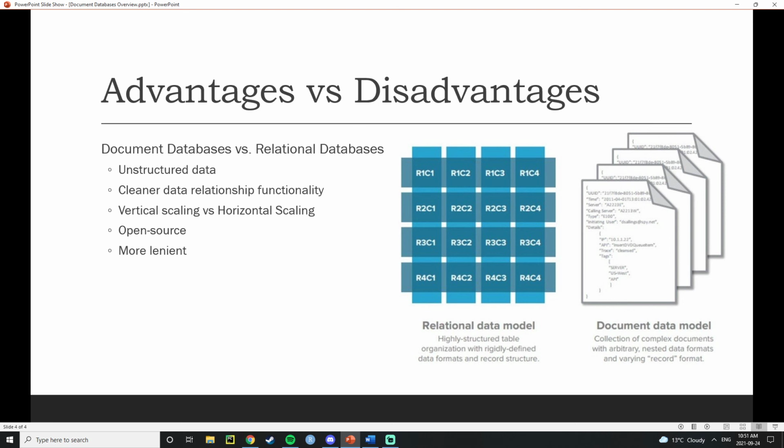On the other side, document databases and NoSQL databases in general scale horizontally, which means that they can have multiple servers, and they could have these servers in different geographical locations around the world, which therefore can provide a better service experience because they'll experience less latency.